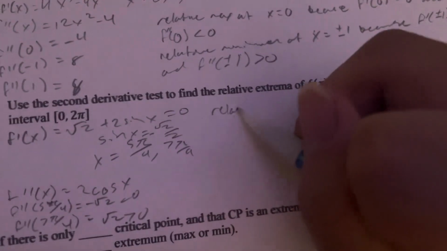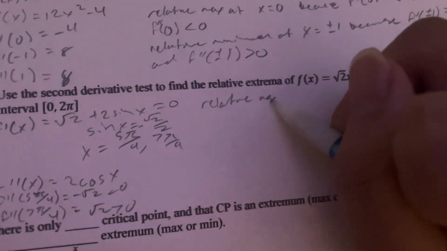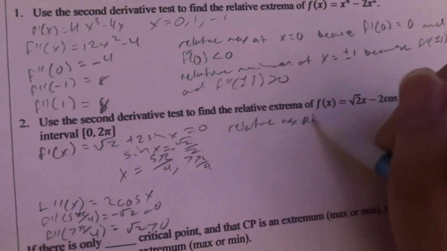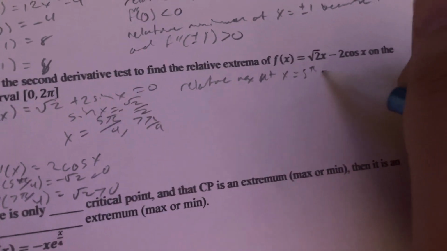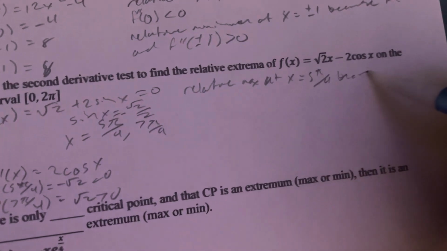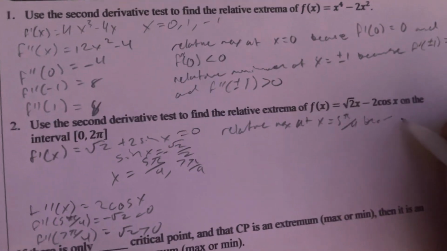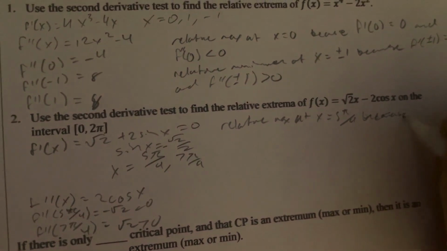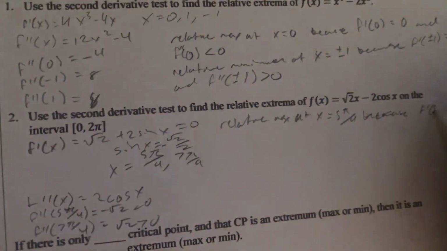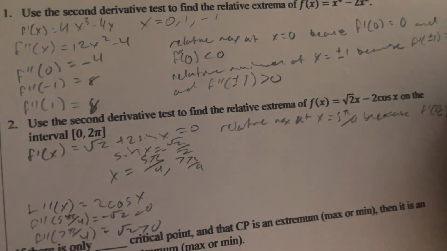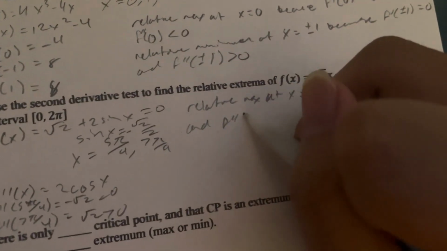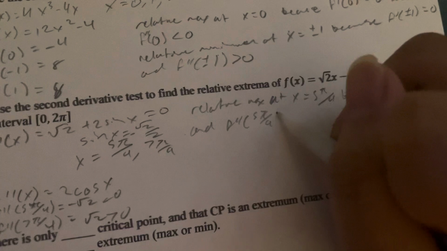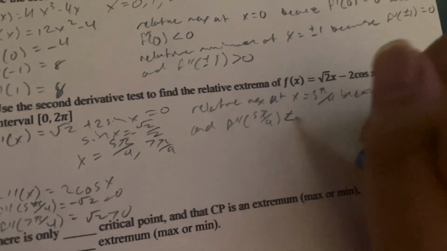So we can say that there's a relative max at x equals 5 pi over 4 because f prime of 5 pi over 4 equals 0, and f double prime of 5 pi over 4 is less than 0.